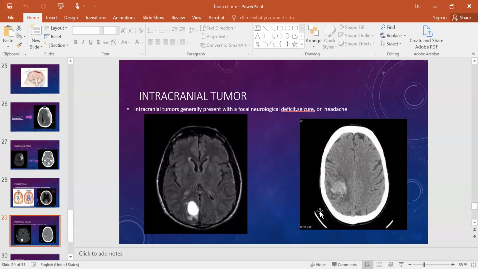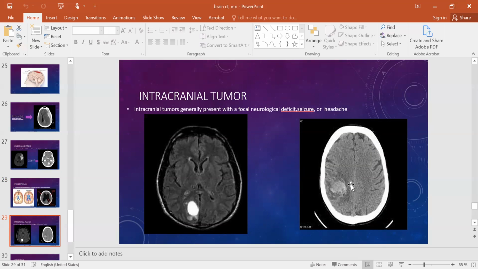Intracranial tumors generally present with a focal neurological deficit, seizure, or headaches. You see magnetic resonance imaging, axial, and computed tomography axial image of brain. Here we see hyperdense and here hyperintense areas.